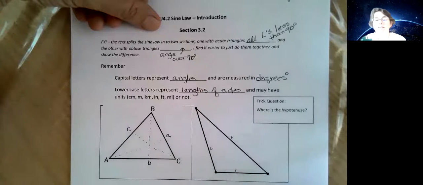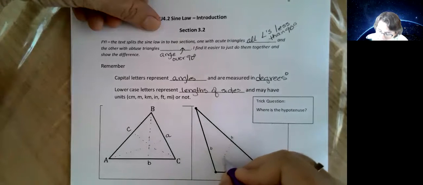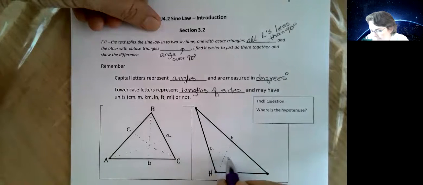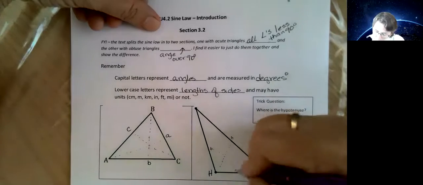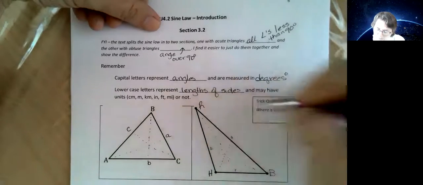Same thing on this one, except going backwards. So if this is little h, if I go across from little h, this must be angle H. This must be angle B. And this must be angle R.